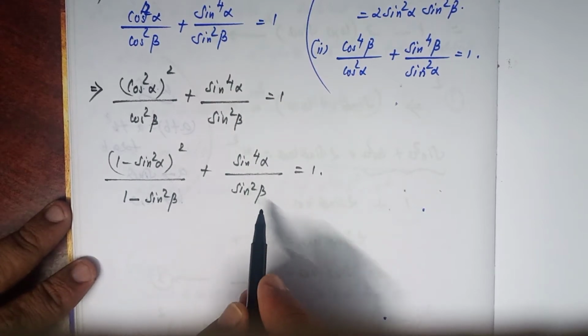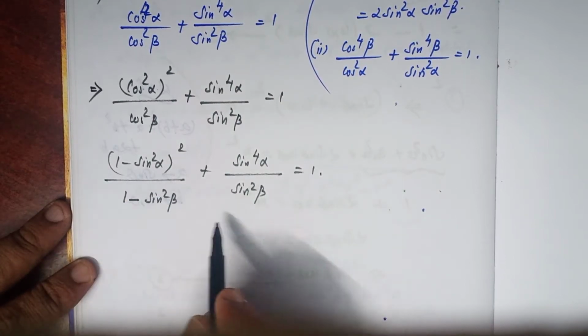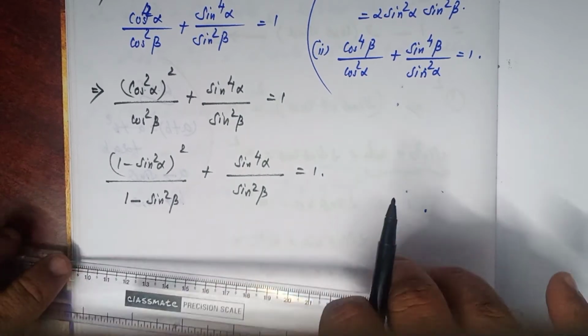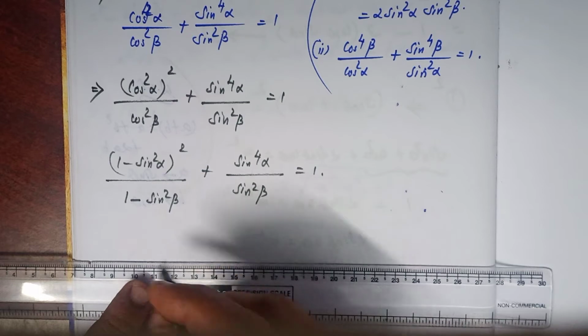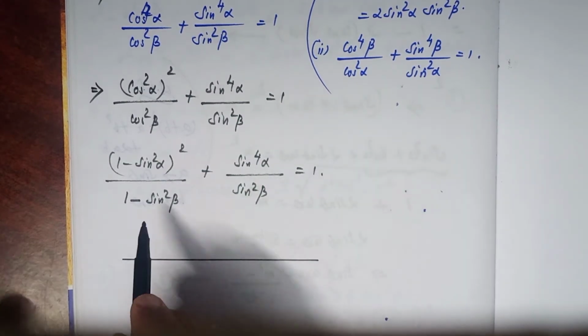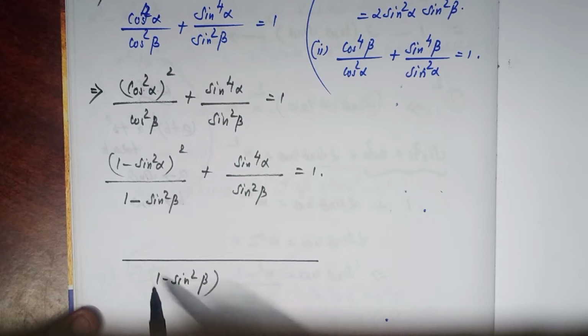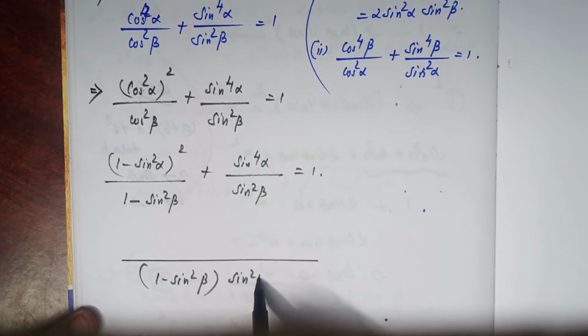Here you can cross multiply, otherwise you can take LCM. If we take LCM, LCM is 1 minus sin squared beta into sin squared beta.